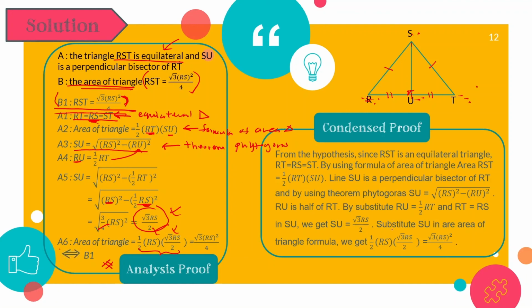RU is half of RT. By substituting RU equal to 1 over 2 RT and RT equal to RS in SU we get this. And substituting SU in the area of the triangle formula, we get 1 over 2. And then by simplifying, we get the conclusion of the area of the triangle.